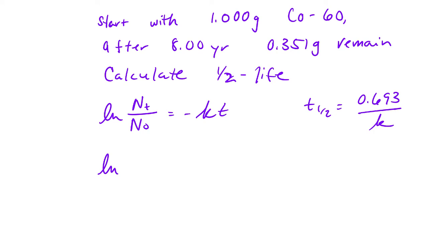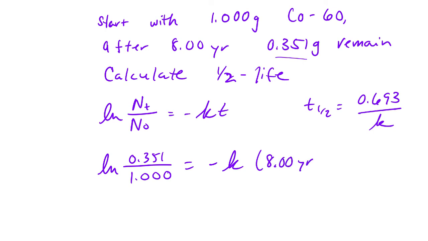All right. And after time t, we're going to have 0.351 remaining. We're initially starting with 1, equals minus k times, and this was 8 years. And so when you calculate k, you should get 0.131.